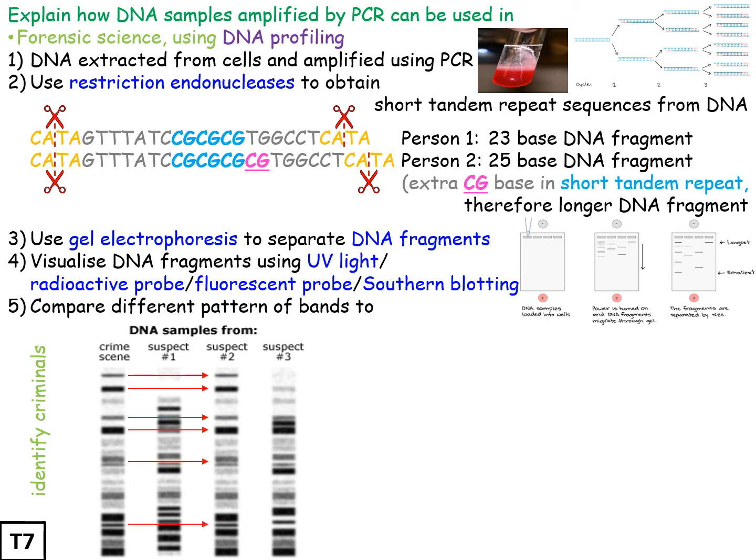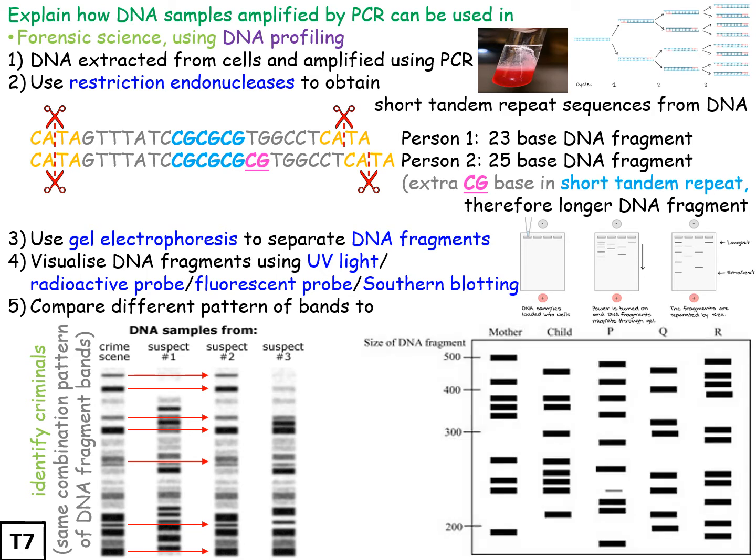And when you compare the DNA from the crime scene to suspects, you're looking for the same combination pattern of DNA fragment bands, because the DNA would be cut using restriction endonuclease, and that will produce the same size DNA fragments. So the suspect will always have the same DNA fragment sizes, and as long as the combination pattern of DNA fragment bands is the same, then clearly that suspect is your criminal.